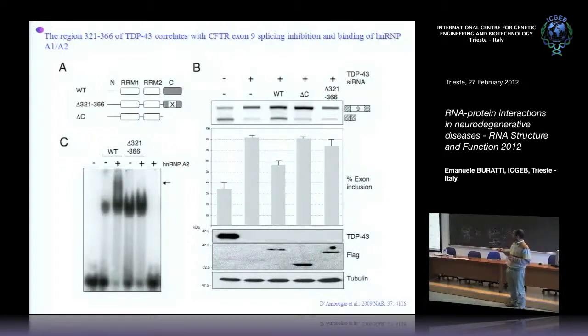Then we transfected back into the cells an siRNA-resistant version of TDP43. This is a positive control, so we actually proved that if we put back TDP43, then we recovered completely the exon skipping.